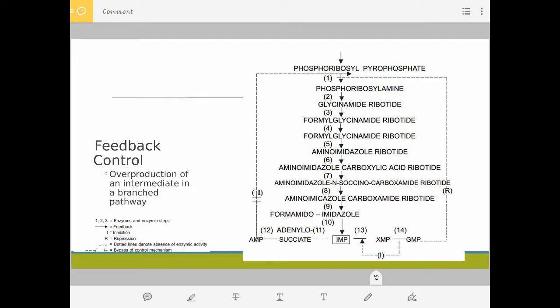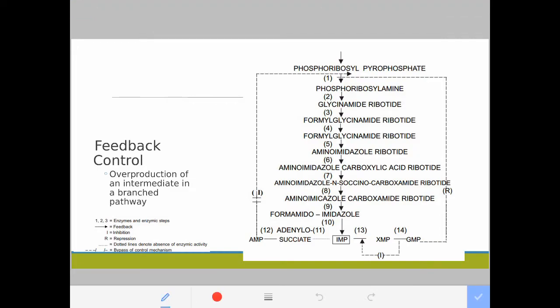Now let's look at what happens if you have a branch pathway. Here is a branch pathway for the production of nucleotide monophosphates. IMP is the desired product here. You want to overproduce IMP.